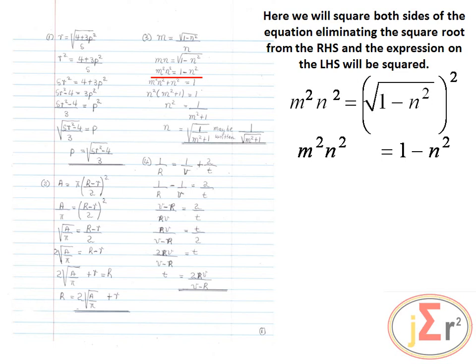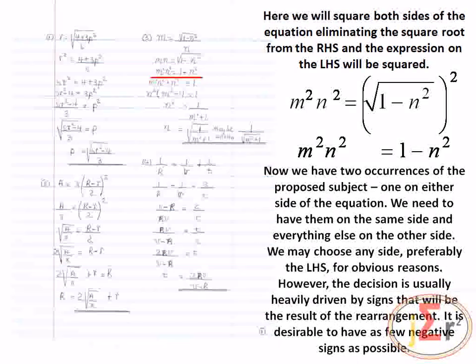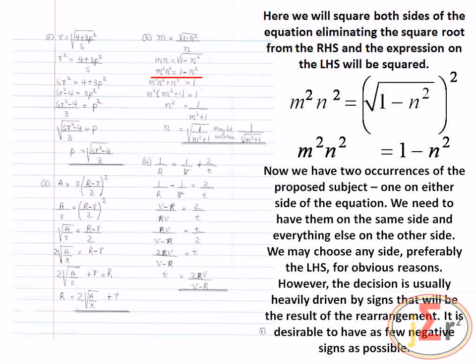And what do we need to do now? Well, our analysis tells us that we have n on one side and n on the other side, and we are attempting to make n the subject of the formula. Therefore, what do we do? Now we have two occurrences of the proposed subject, one on either side of the equation.